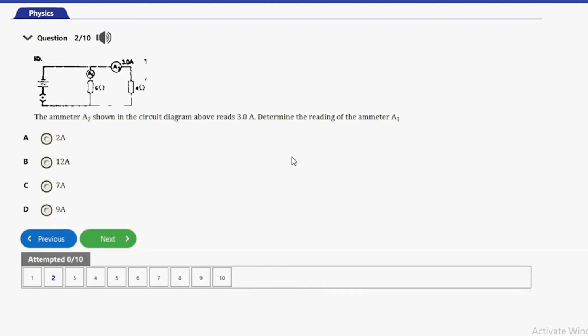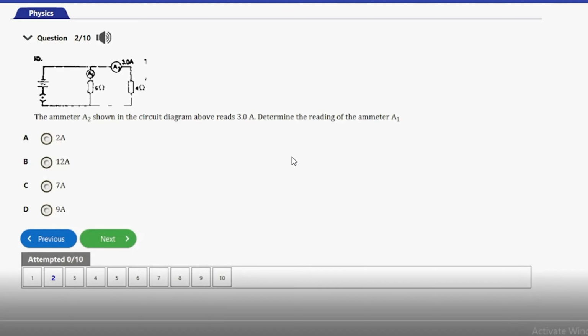So guys, this is actually very simple. So we know that the ammeter A2 and A1 are actually connected in parallel to each other. So this connection shows that this ammeter A1 and ammeter A2 are in parallel connection to each other, which means that the voltage here and the voltage here and the voltage here are the same.